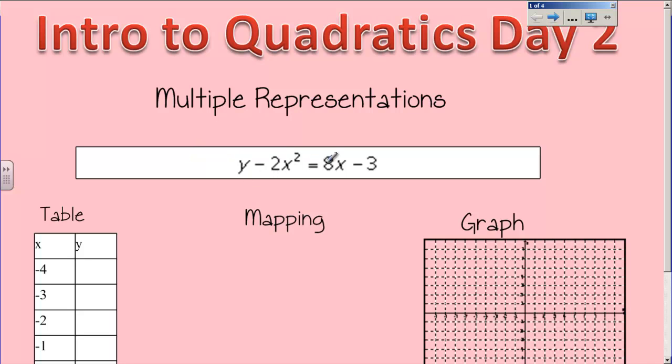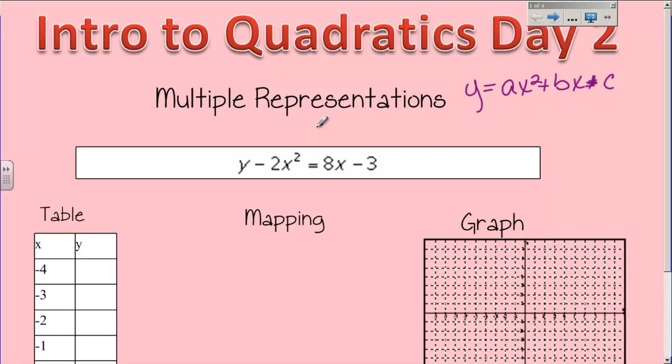So here is the function y minus 2x squared equals 8x minus 3. The first thing that you need to know is this right here is standard form of a quadratic function. It has to be y equals, and then it's ax squared plus bx plus c. I can't graph anything unless it is in standard form, unless it is written as y equals.